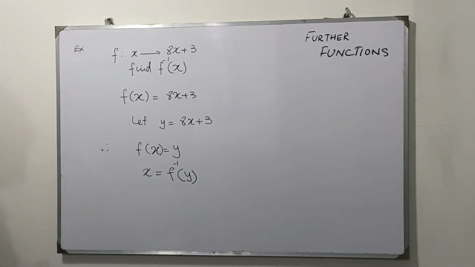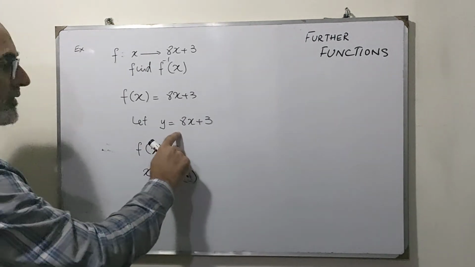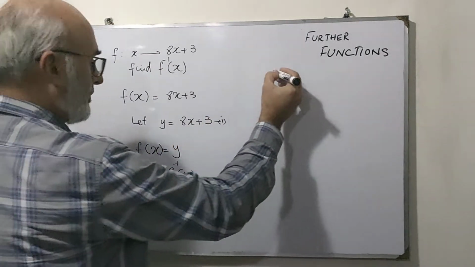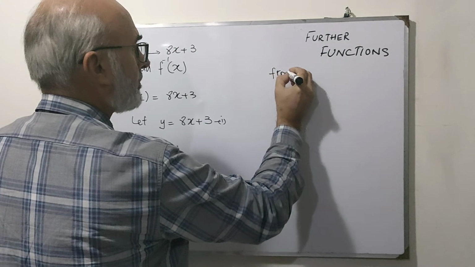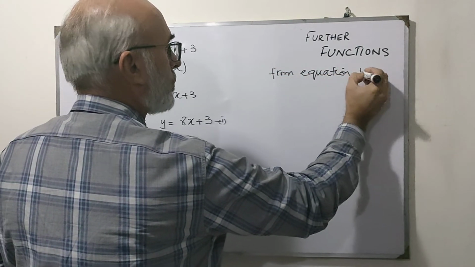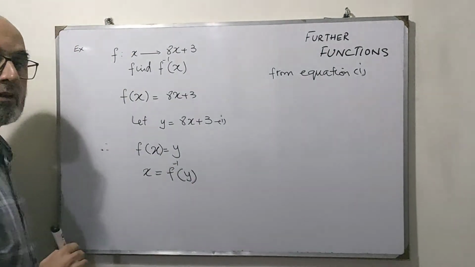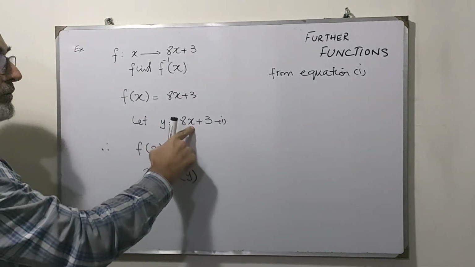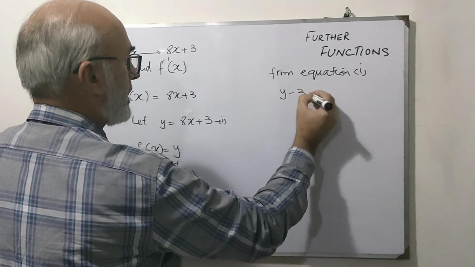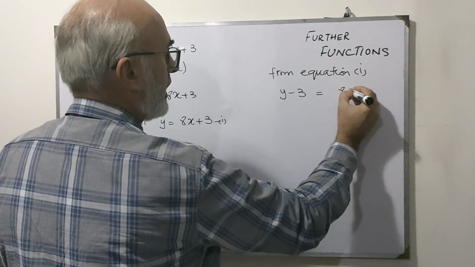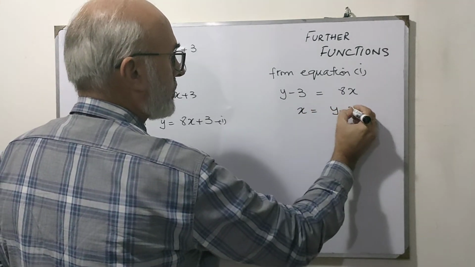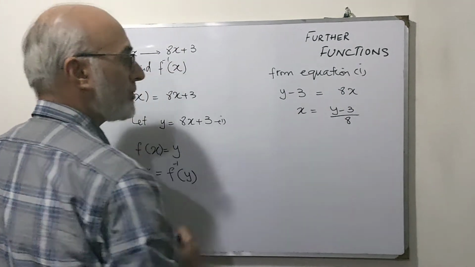Okay, and from where I can get this x? From here. Okay, if I say this was my equation 1, so from equation 1, what do I need? I need to have x. So y minus 3 is equal to 8x, and then x is equal to (y minus 3) over 8.